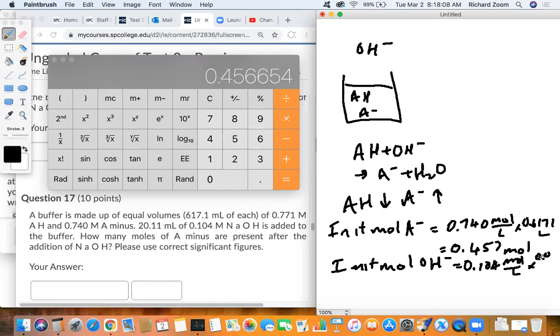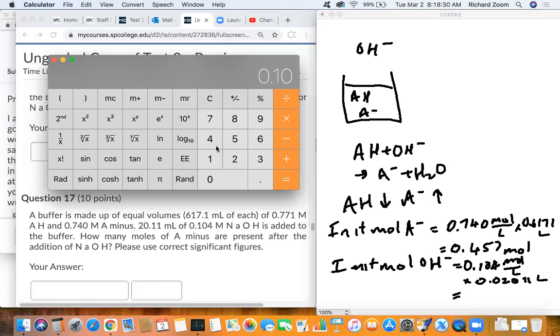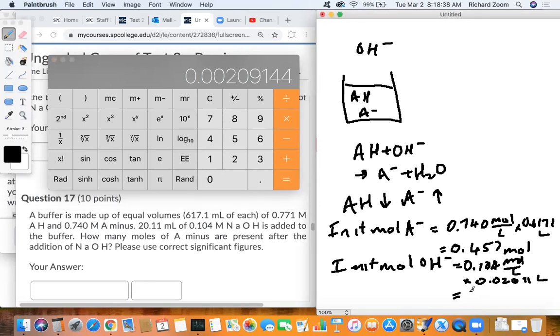So 0.02011 liters. Okay, it's 0.00209 moles.